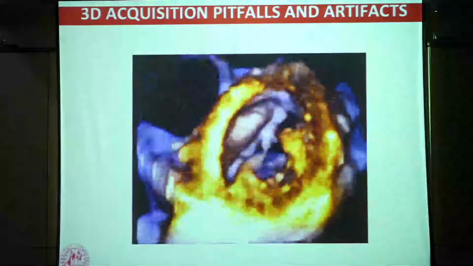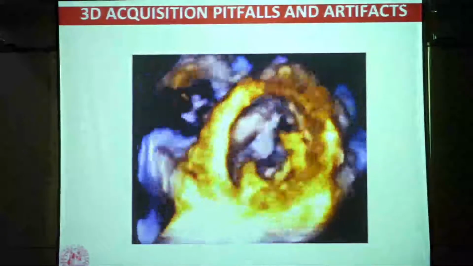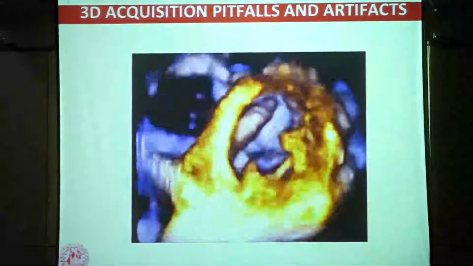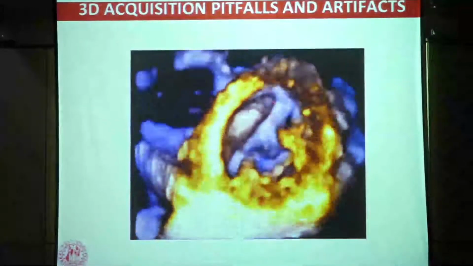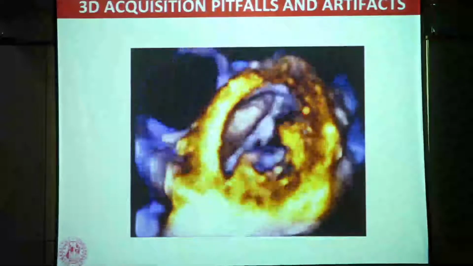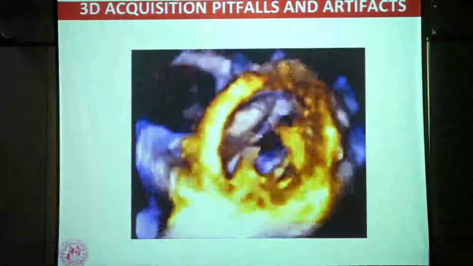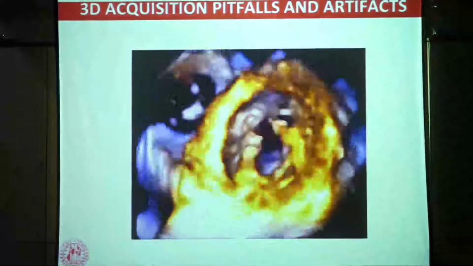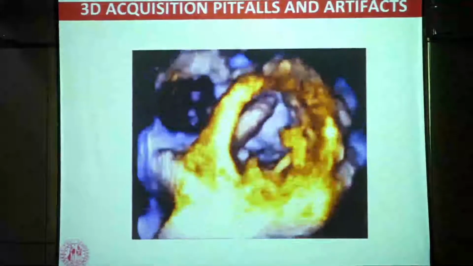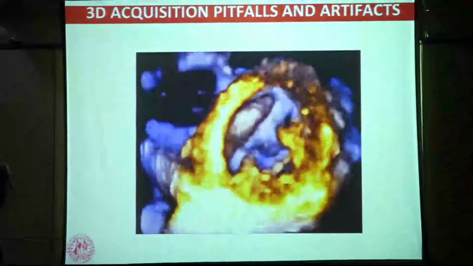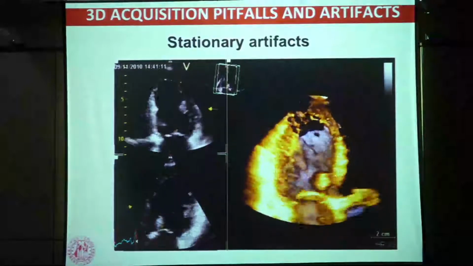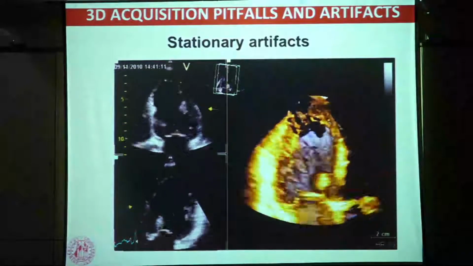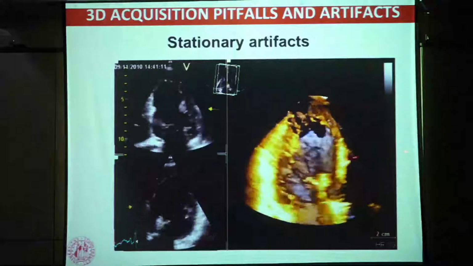This is the mitral valve seen from the ventricular perspective, papillary muscles, anterior leaflet of the mitral valve, and you have this mass here. It seems to be a real mass, but indeed, if you look from another perspective, you realize that this mass doesn't move together with the other structures.